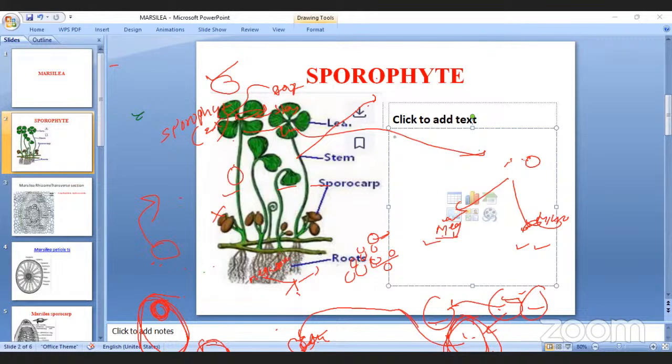Seeds are formed only in gymnosperms, but not fruit. These are called naked seeds. If you see the sporophyte structure also, it is clearly an advanced one. Clear, well-developed root, elongated shoot with multiple branches, and different types of leaves.